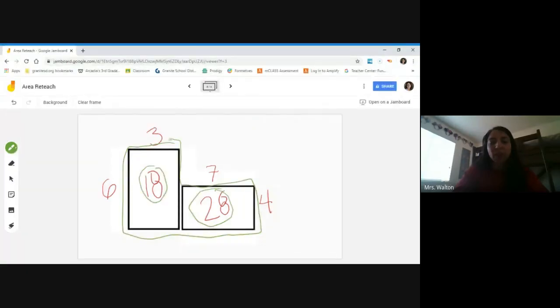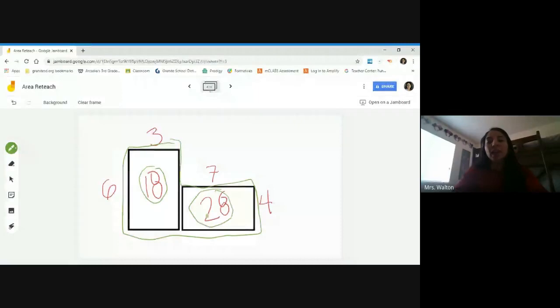Well, in order to find this area of this shape in green, we're just going to add these two numbers together, 28 and 18 added together. 8 plus 8 is 16. 1 plus 2 plus 1 is 4, so we get our area of 46.